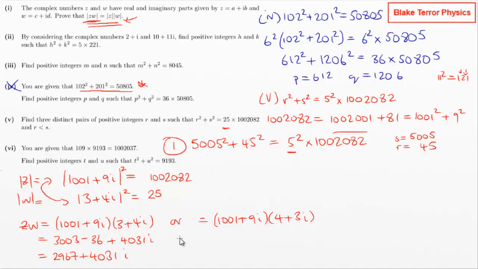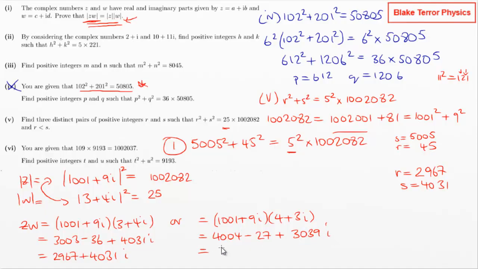So that's saying I've now got r as the small one, 2967, s equals 4031. Then for this one, I've got 4004 minus 27. And then for i's, I've got 36 plus 3003, so 3039.